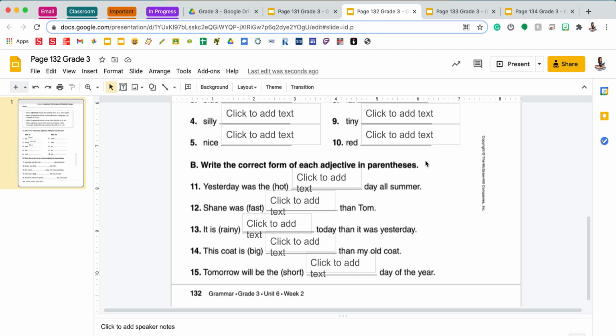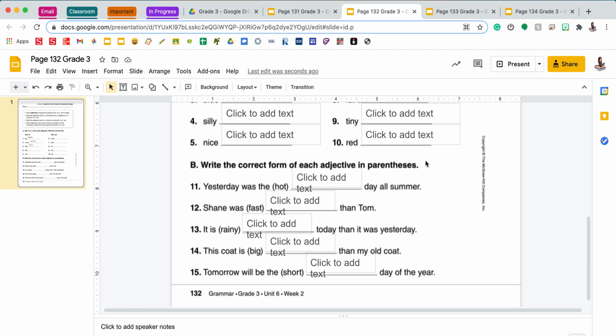Number 11 says, yesterday was the blank day all summer. So I need to think about a couple of things here. First, I need to decide if I'm adding ER or EST. Since I am comparing one day to all the days in summer, I need to add EST. Then I need to think if there's any spelling changes.